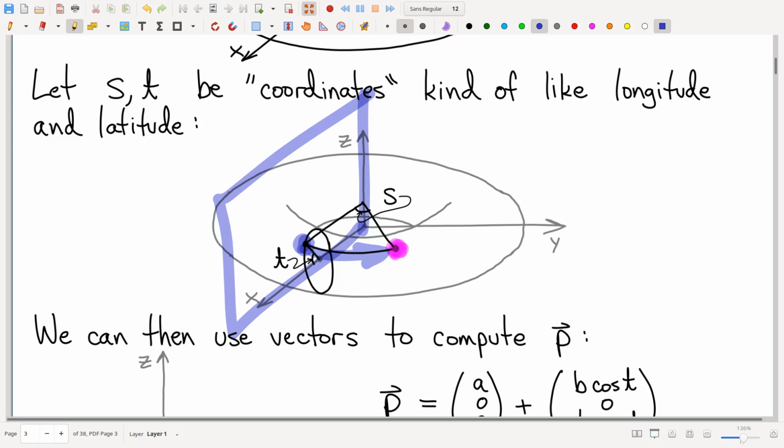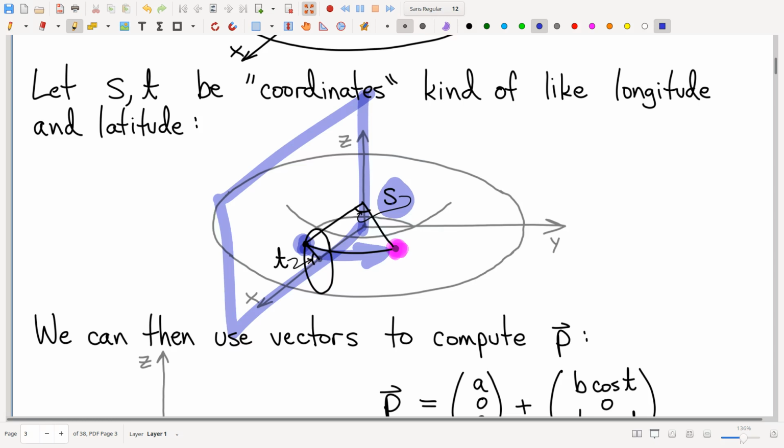This angle that I'm calling S here is what in other contexts we might call theta. And this is basically the cylindrical coordinate theta. But we don't need to think of it in those terms. The point is I'm just going to call it S. This says how far do I kind of rotate around the outside circle, you might say, of the donut.